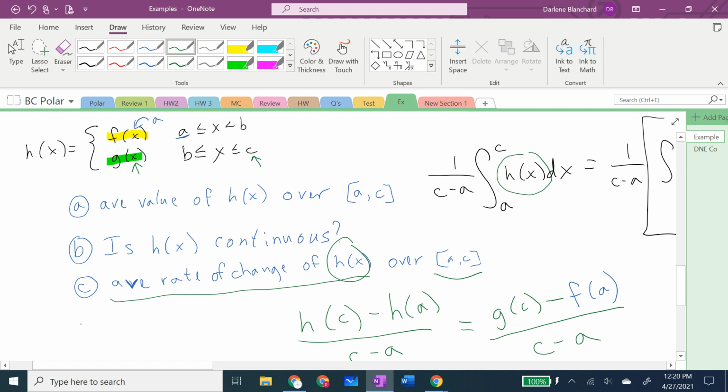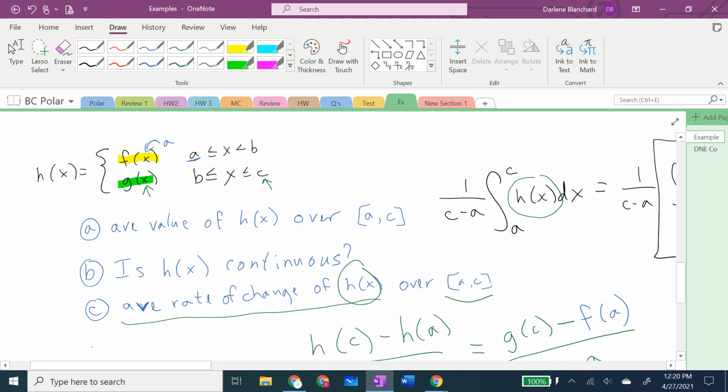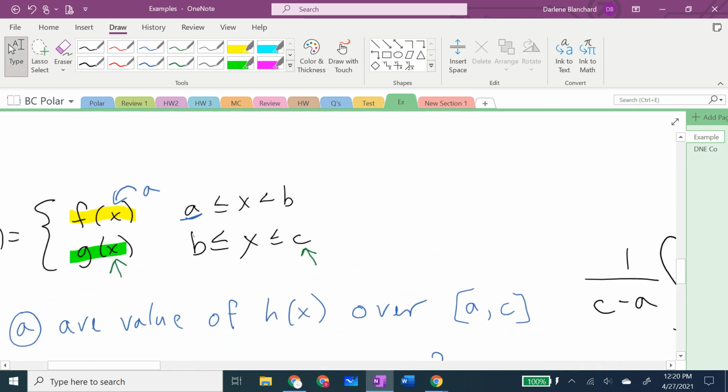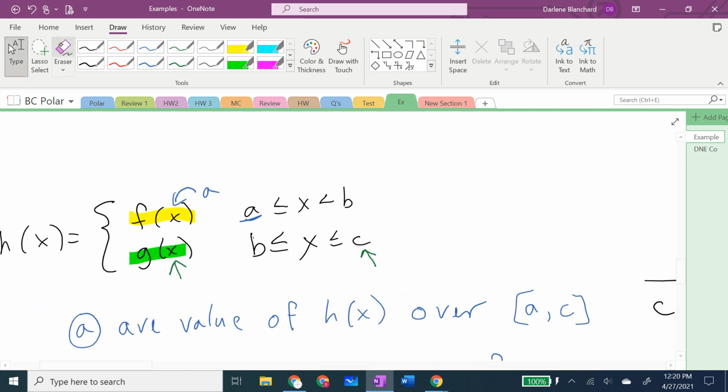Now, part B, I'm going back up over to B. How do you express continuity with a piecewise defined function? If the two functions are continuous within their particular intervals, you're not going to worry about proving it.